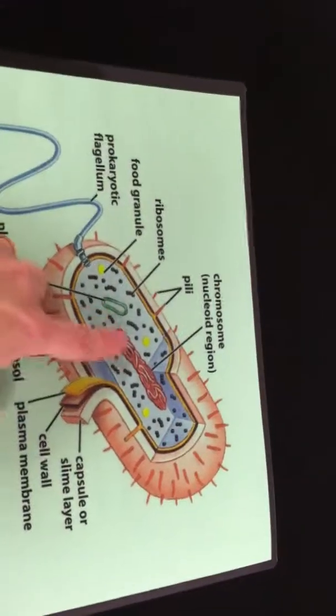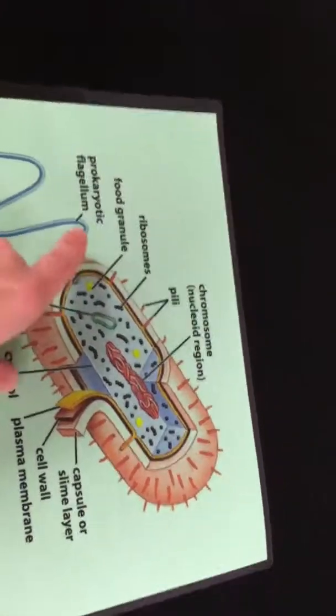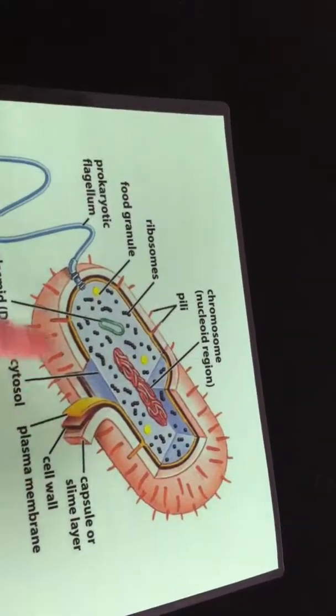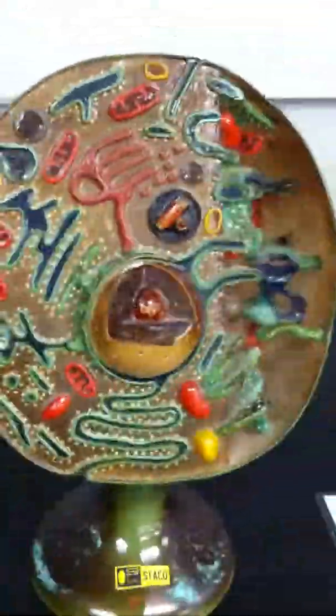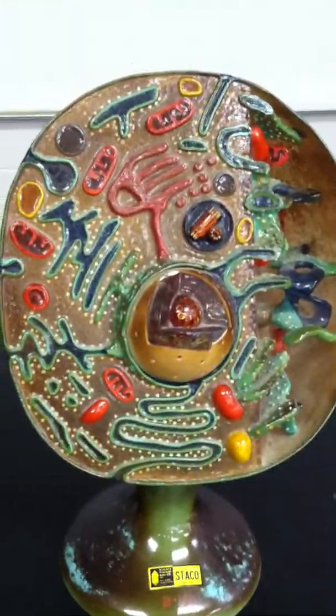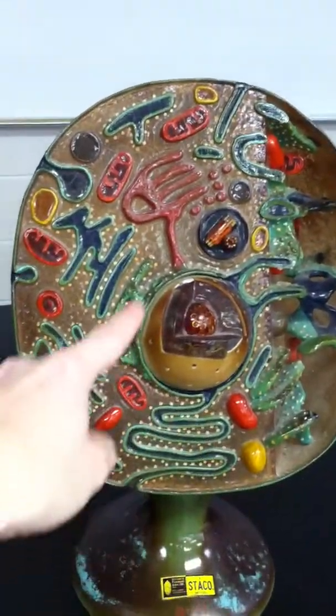You do have DNA, ribosomes, a cytoplasm, and a plasma membrane that encases the entire cell along with a cell wall. But then notice that in the eukaryotic cell, you've got a whole lot more going on. You've got these things called organelles, little mini organs surrounded by membranes.